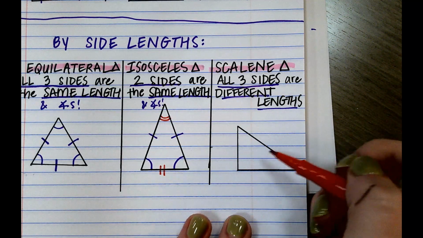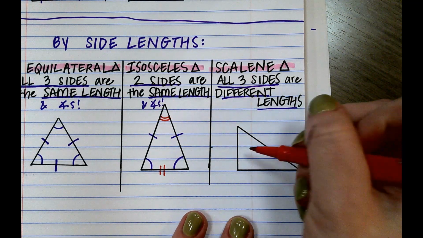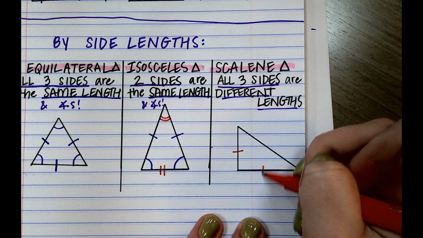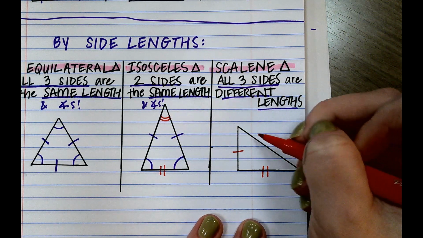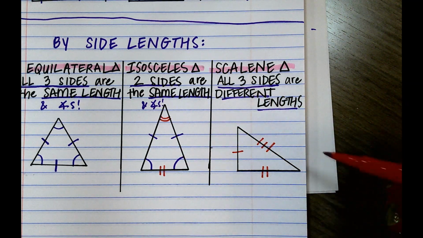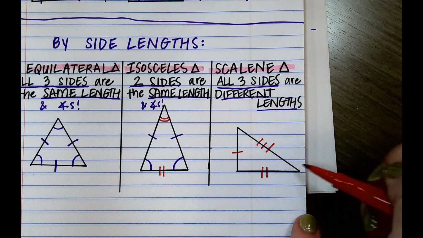We can mark that by giving them all different number of tick marks. So on that first side, I'll give it 1. The second side gets 2. The third side gets 3. They're all different. I'll also mark the opposite angles.